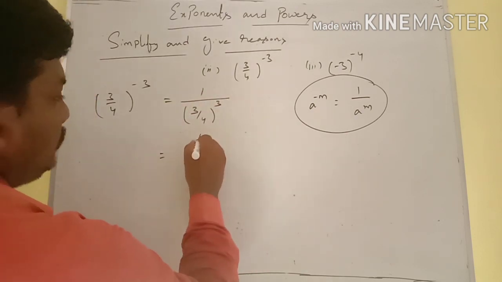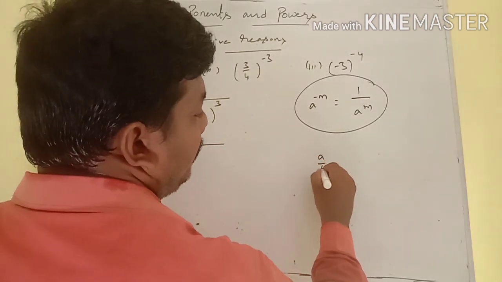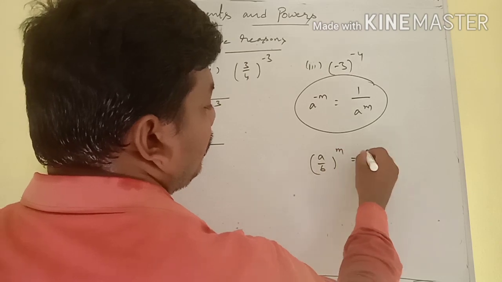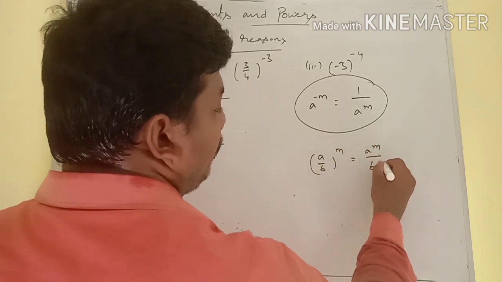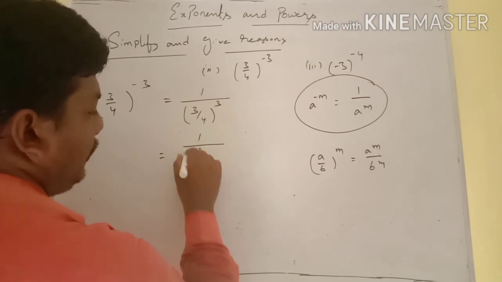Again there is a formula: a by b whole to the power of m can be written as a power m by b power m. So this can be written as 3 power 3 by 4 power 3.